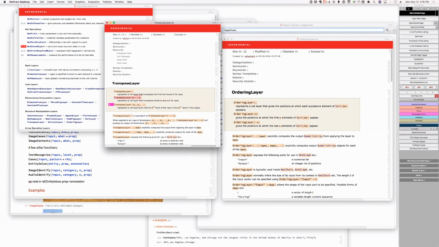Okay. Represents a net layer that gives the positions, well, gives the positions in its input at which... What the heck do we want to say here?